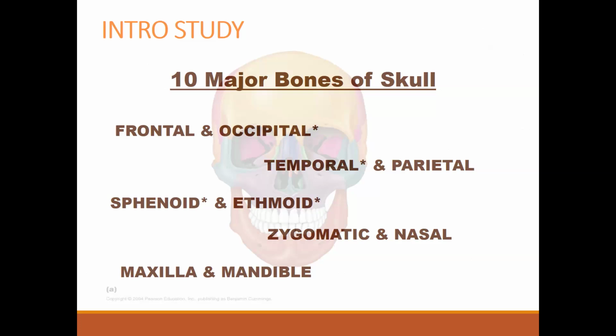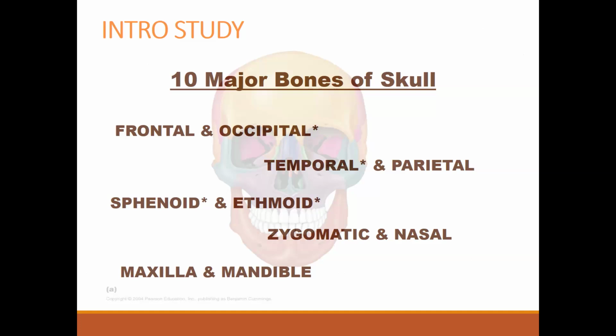But notice that 4 of these have an asterisk next to them. Occipital, temporal, sphenoid, ethmoid, those are the 4 bones with an asterisk that we're going to pick on to learn some extra features that they have. And these features will have certain functions, like if it's a hole, a nerve might be coming through the hole, so I have to know what's going on there.